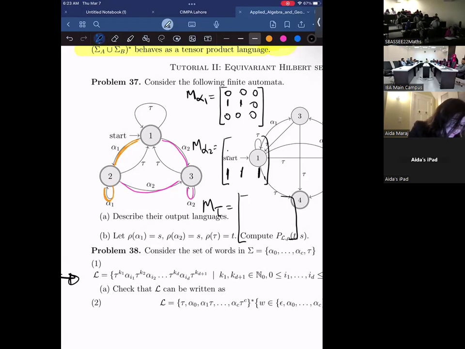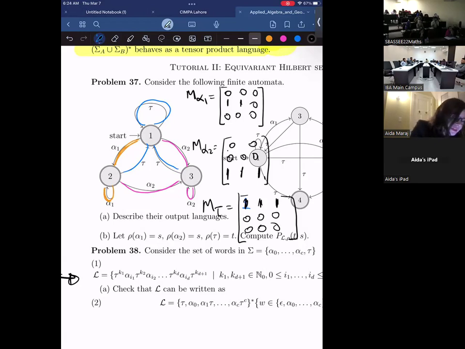Yes. And with tau, we have 1 tau here, 1 tau here, 1 tau here. So what do we have? So we have 1 1, 2 1, 3 1.